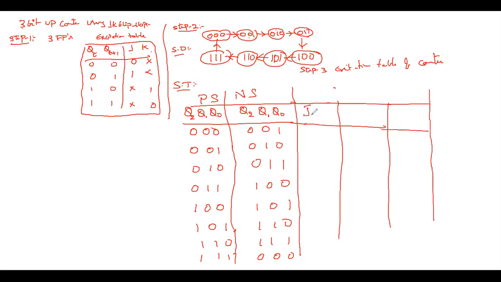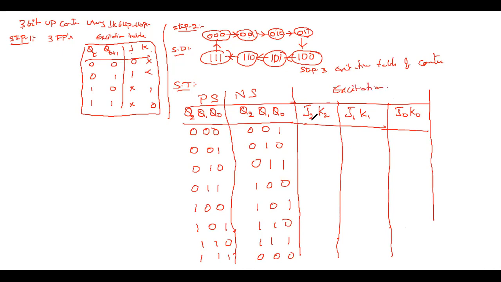What are J2, K2, J1, K1, J0, K0? So how to write this excitation table?